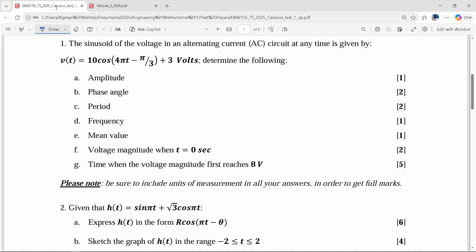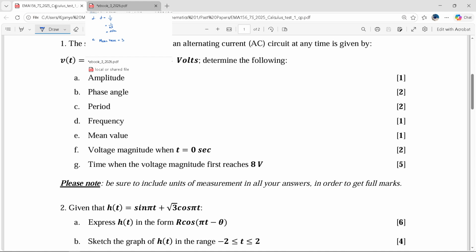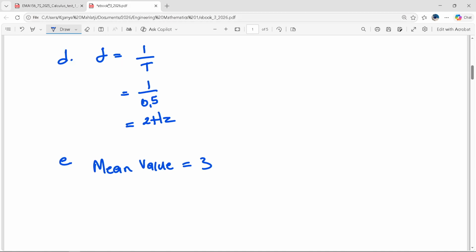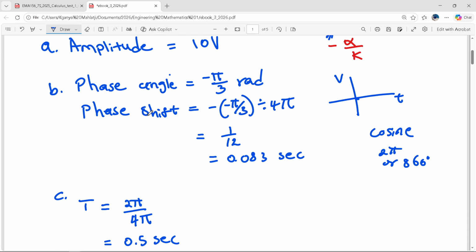Then find the voltage magnitude at t equals 0 seconds. That's number F. You will just use the same function.